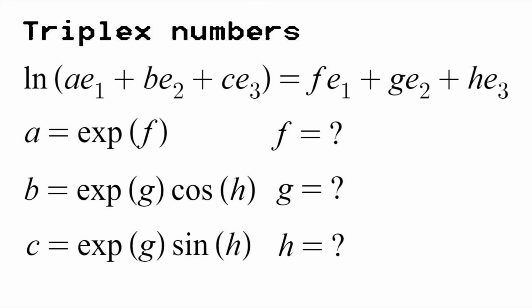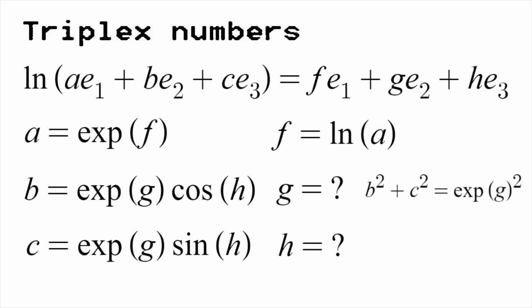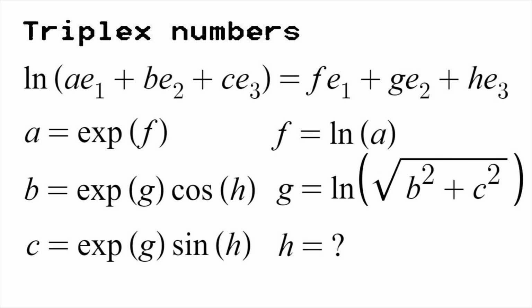a equals the exponential of f, b equals the exponential of g times cosine of h, and c equals the exponential of g times sine of h. The first one's easy enough, just take the natural log of both sides, giving f equals ln a. Then for g, we can note that b squared plus c squared must equal exponential of g squared by the Pythagorean trig identity, implying that g equals the natural log of the square root of b squared plus c squared.